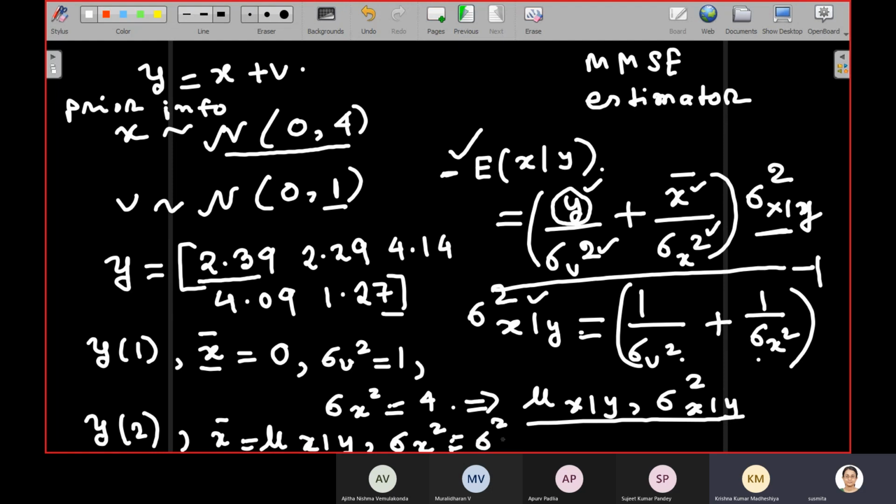We will use the previously calculated conditional variance and repeat the same thing. For the second iteration, instead of taking the first y, you take the second y. So this will be the prior information about x for the second iteration, and then you repeat it. You will get a new conditional mean and conditional variance. The newly calculated conditional mean and variance will be used for the third iteration. This way you need to process one measurement at a time.